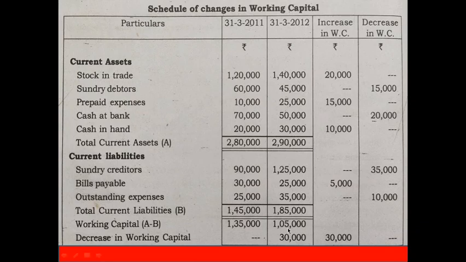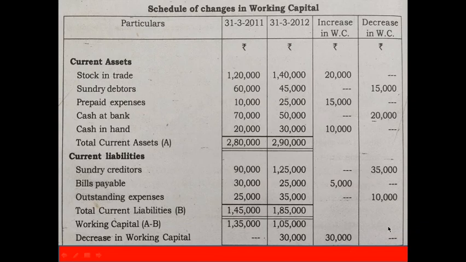Whenever there is any decrease, just like in the preparation of a ledger account, you need to show the balance amount in the total where that is smaller. Here the 1,05,000 is smaller, so you need to show the difference amount in that area. So decrease in working capital is 30,000.